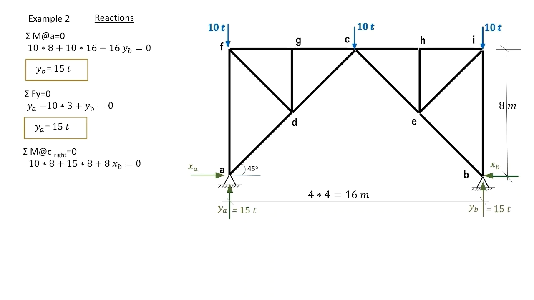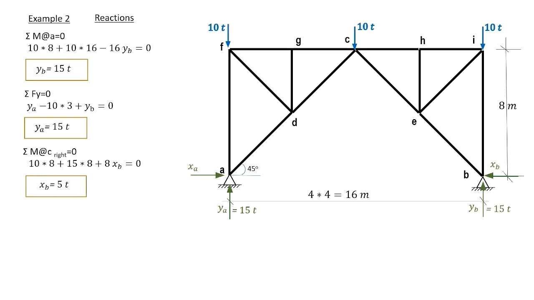To compute the horizontal reaction XB, we consider moments about C and we take only the right part. We consider only the right part in the equation. So we have 10 tons at I multiplied by the arm 8 until we reach C, minus 15 tons YB multiplied by the arm 8 until we reach C, plus XB multiplied by the arm, the vertical length, which is perpendicular to XB, 8 meters.